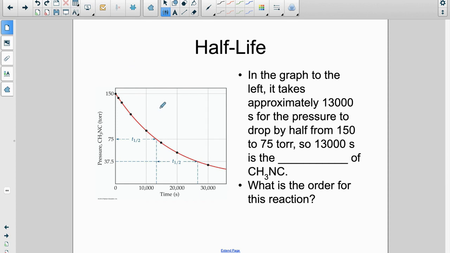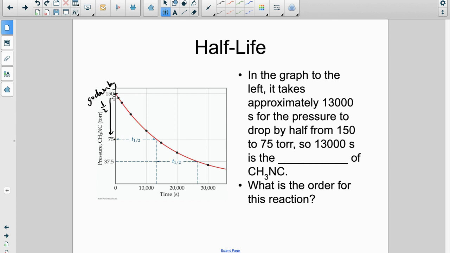So looking at this graph right here, we can see that the initial pressure is 150. Okay, so here's where we start. Half of 150, so down to here, is where it halves. Okay, so it goes down by half. Is 75.